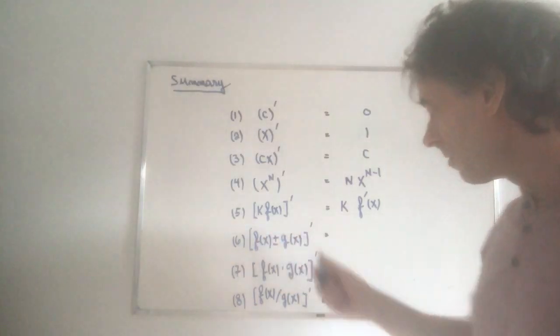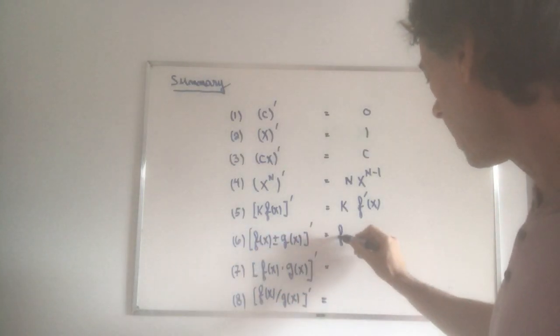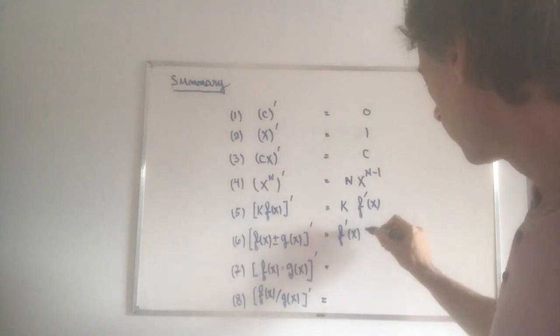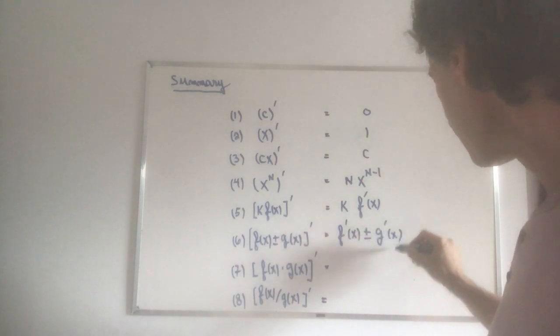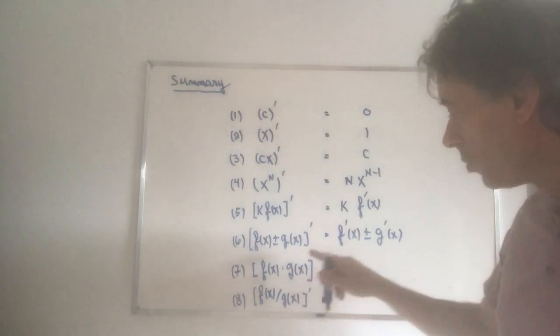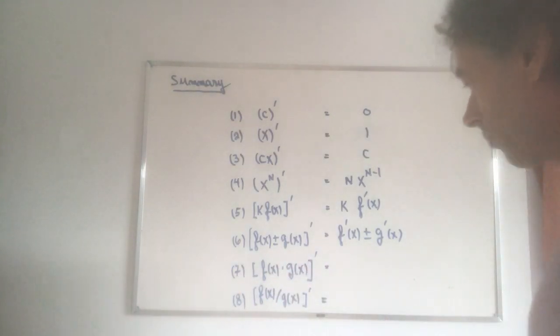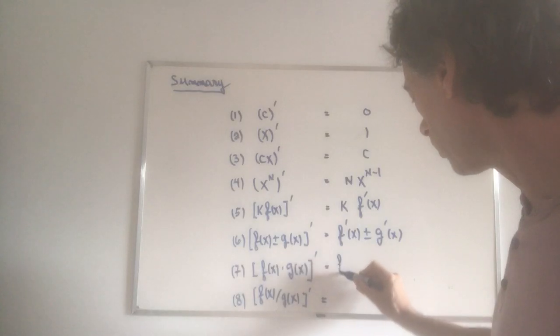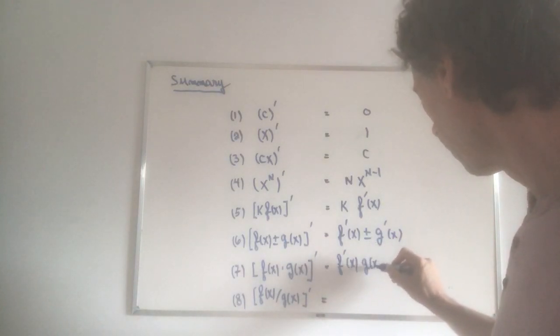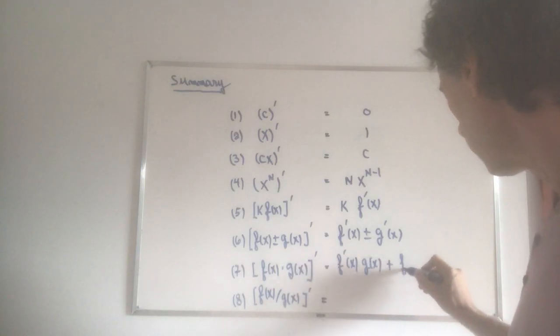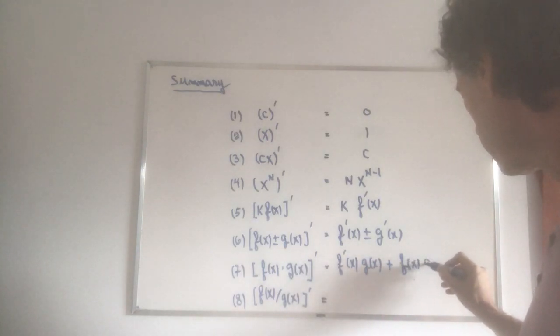The derivative of a plus or a minus, you are allowed to give the prime to each. An easy rule. f times g, you are not allowed to give the prime to each. It's another rule. It's f prime g plus f g prime.